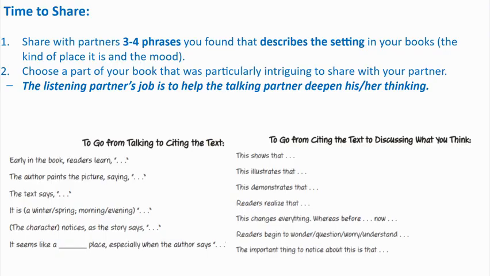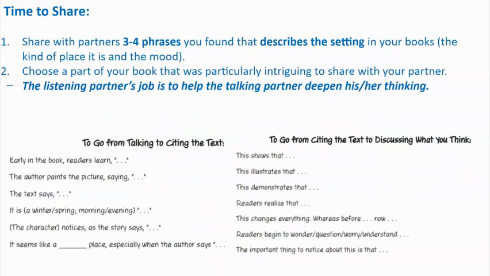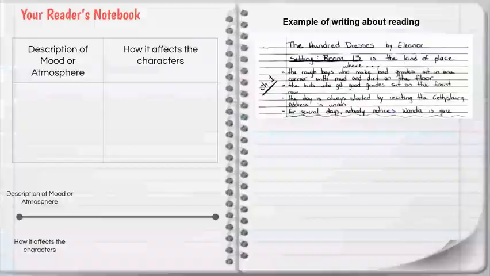Okay, so this is just a page that if you're not quite sure how to cite the text or how to explain what you think based on citing the text. And I think that is in my slide presentation that you can take a look at. And that is the end of session 10.